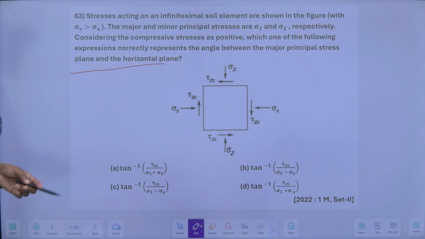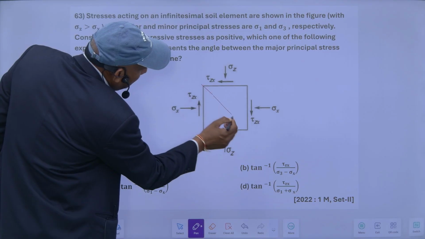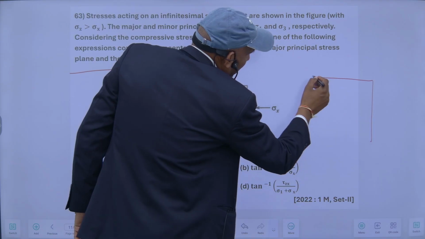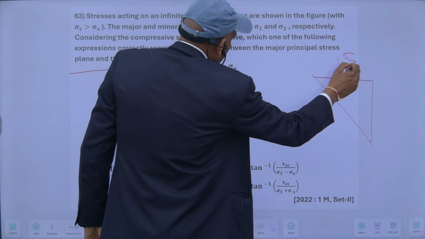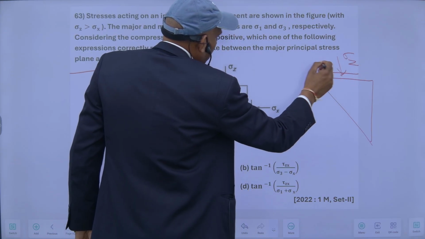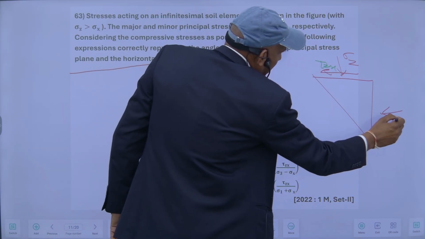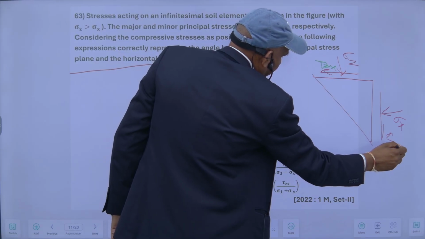So this angle I have to find. Suppose I draw a line like this and cut this element, it will be like this. This is sigma z and this is tau zx. This is sigma x. This is tau zx.